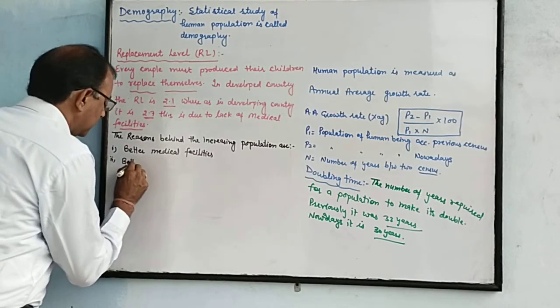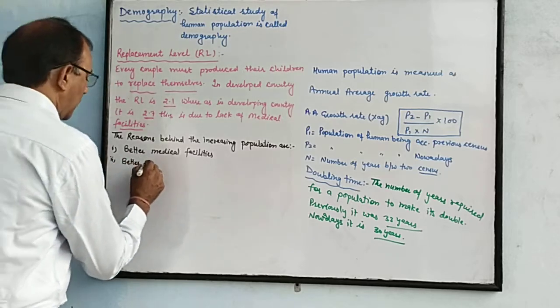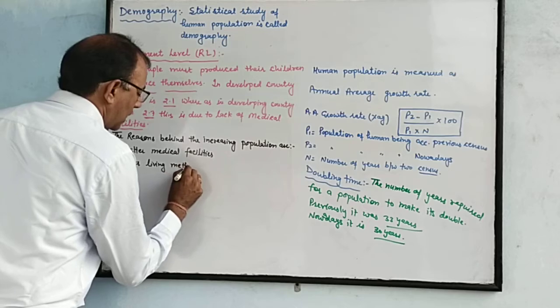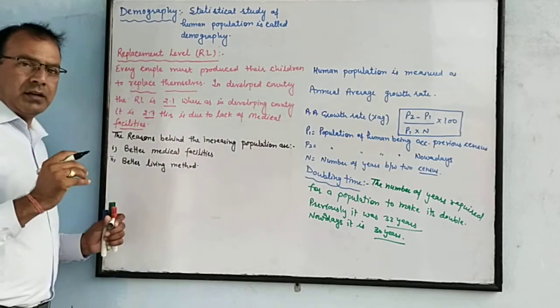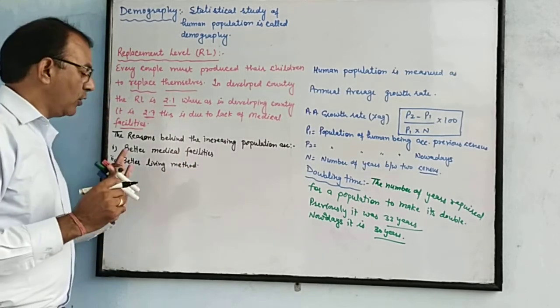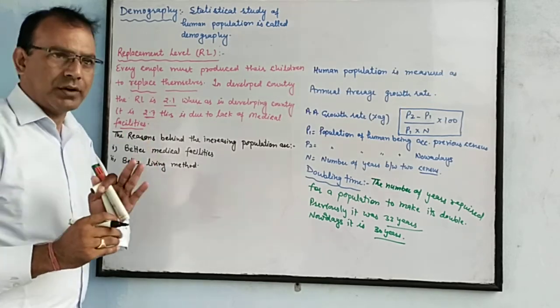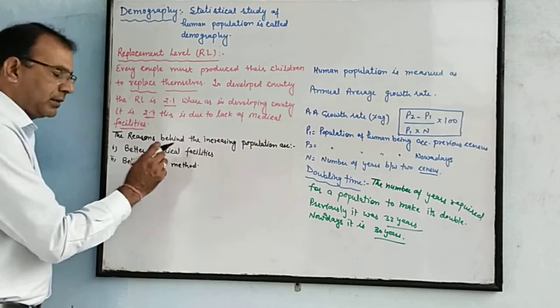Second, better living methods. Nowadays a person is educated and he or she knows how to live for many years. That is the better living methods.